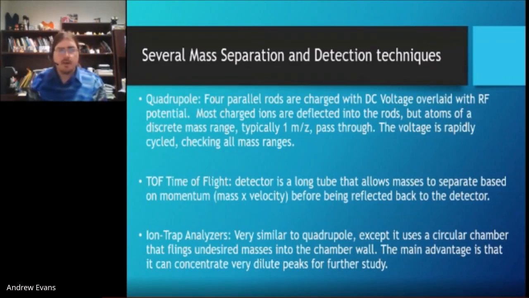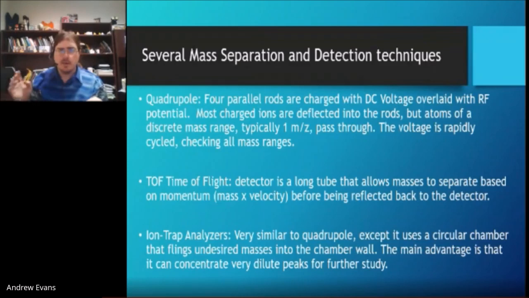Time of flight works a little bit differently in that it uses the idea of momentum to determine the mass. Mass times velocity is going to be our momentum. Each of these guys are going to be at different mass, and so they're going to have a different momentum, and they're going to allow distance to separate these guys.